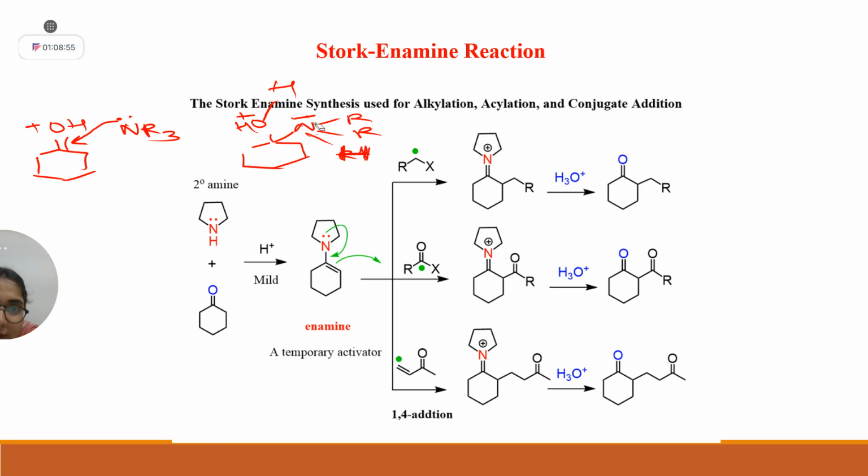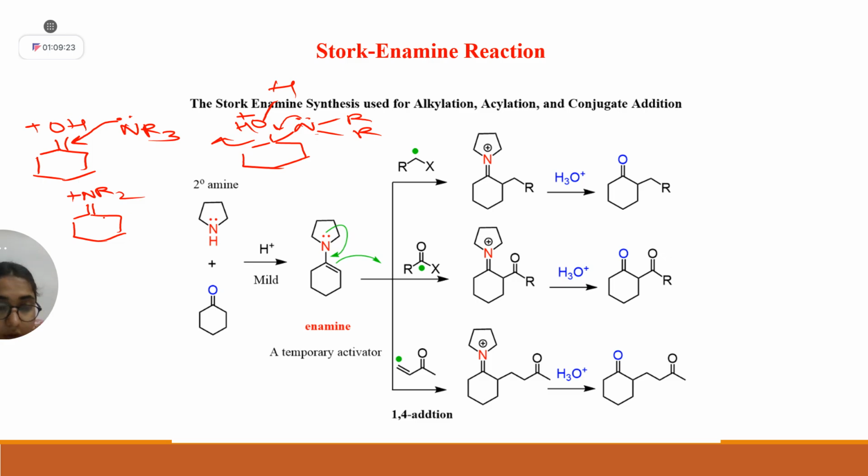Whenever you write this mechanism on your own, you will have a clearer understanding. Now what will happen, students? Nitrogen lone pair will come back and will remove your water molecule. Formation of iminium ion will first take place. Double bond NR2.